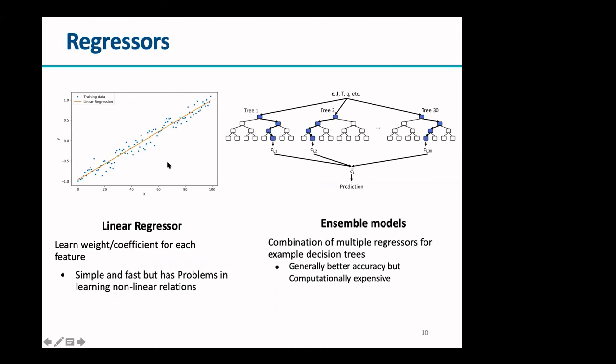In the linear regressor, for example, you want to find the best line, because it is a linear mapping between these points.